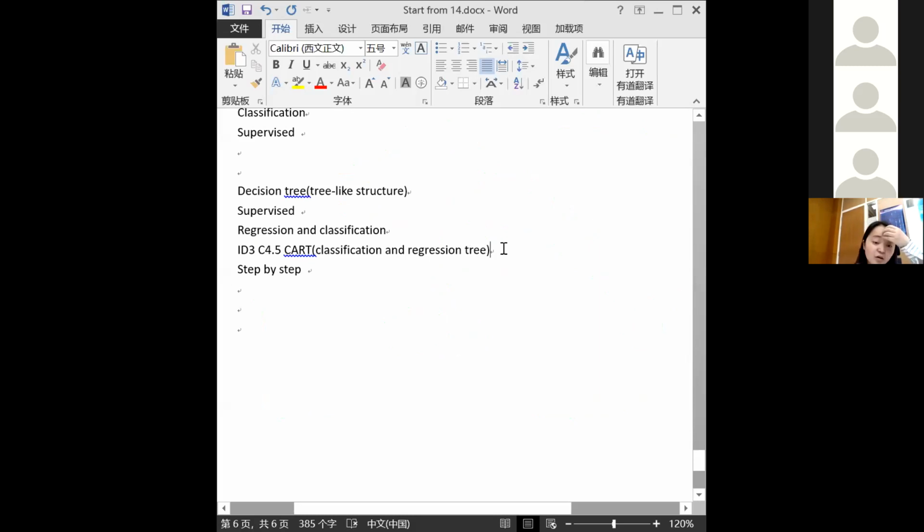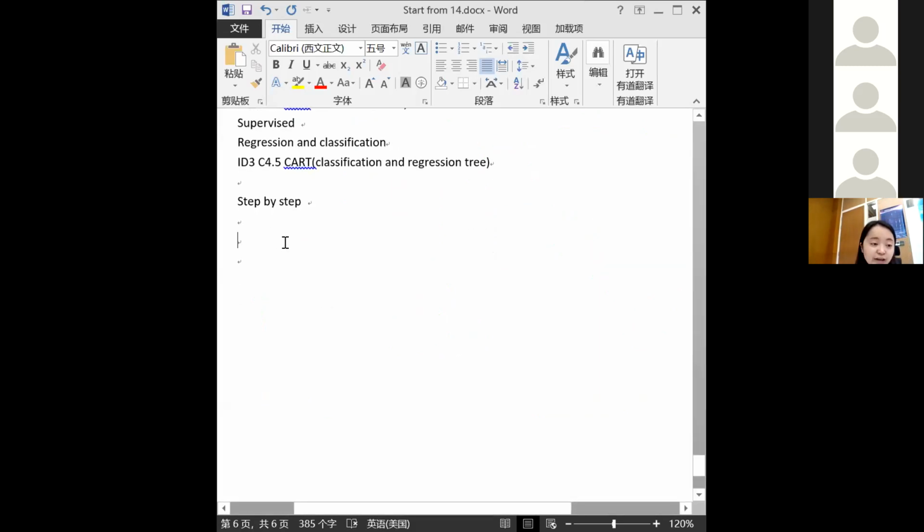So let's have a view of how to create a decision tree model step by step.